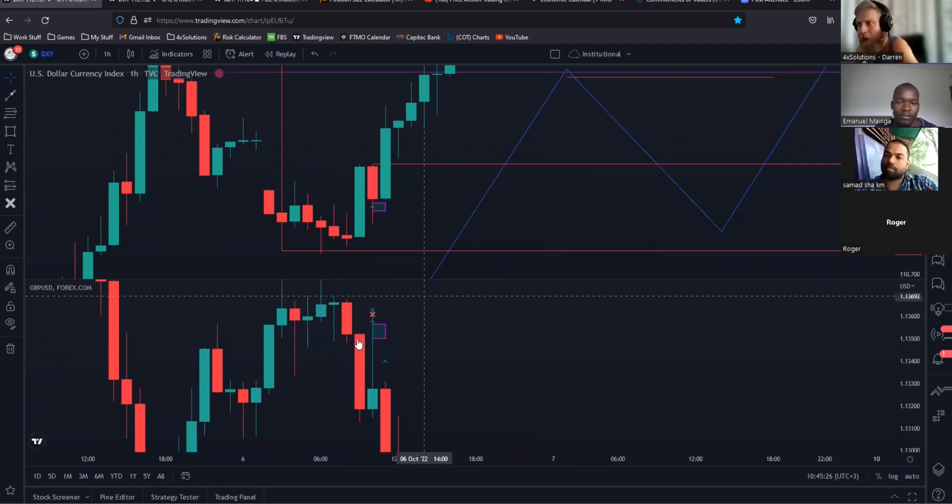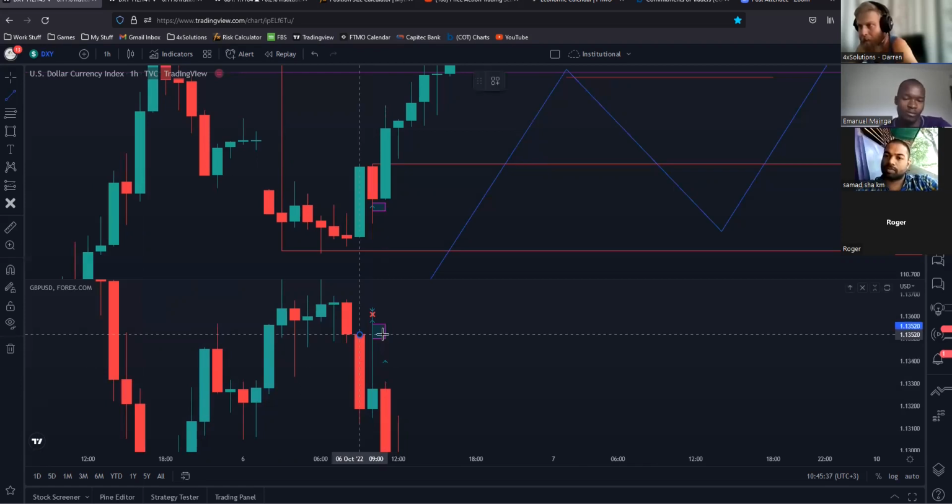The open of this down close candle opened here, right? So we put an open there. In opposite to this open, where's the open of this? Right there.